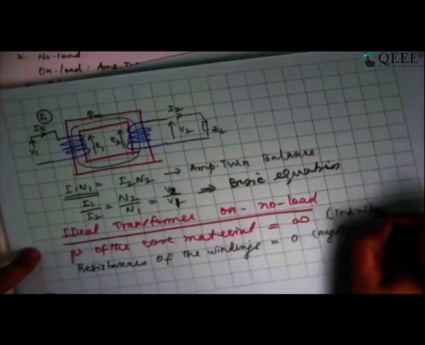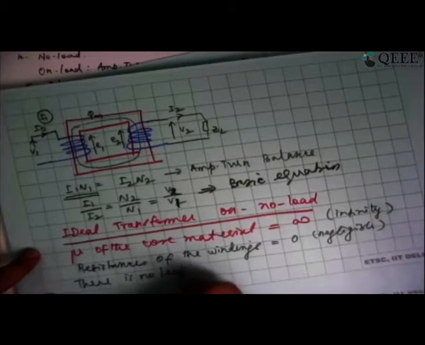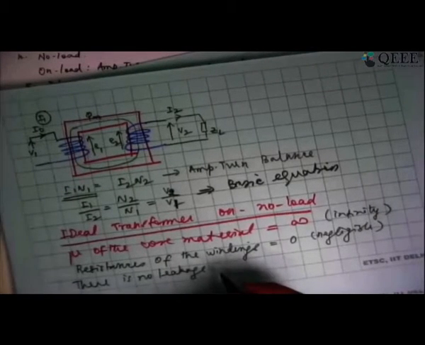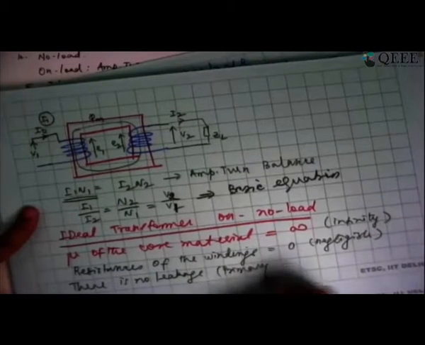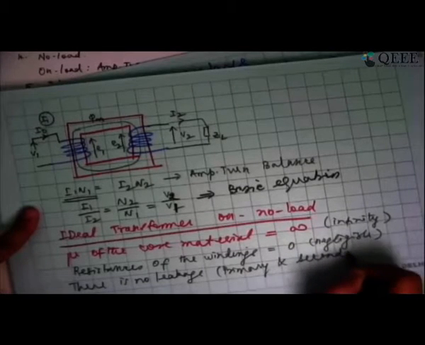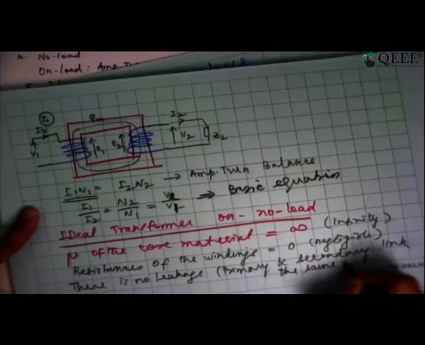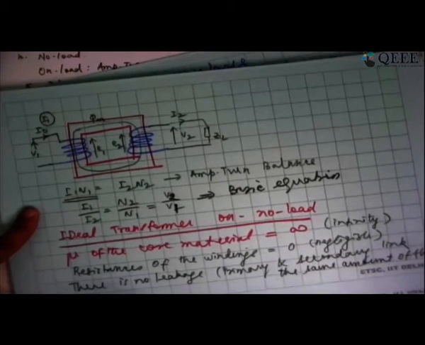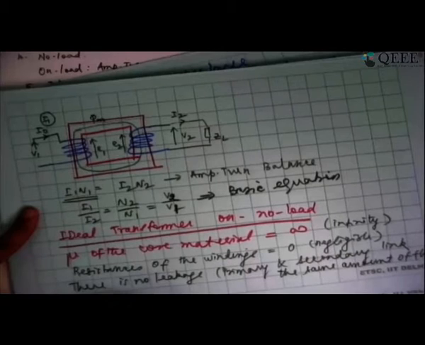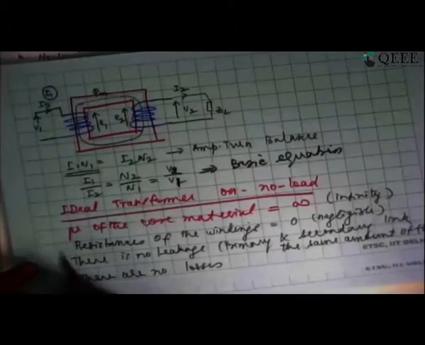And we say that there is no leakage, that means all the flux linking the primary will also link the secondary. So primary and secondary link the same amount of flux. And the fourth one is there are no losses. These are the assumptions we make in the case of an ideal transformer.